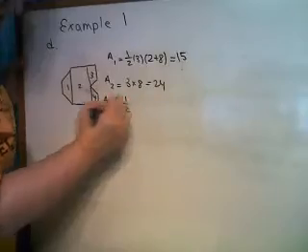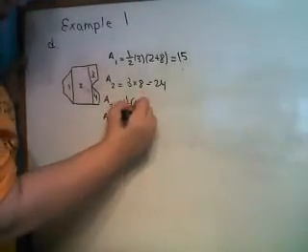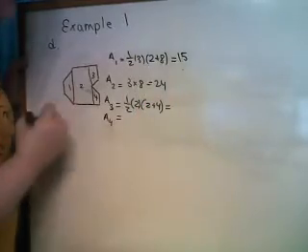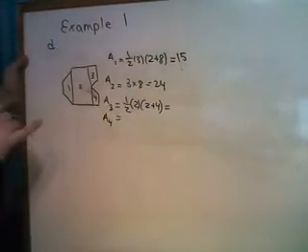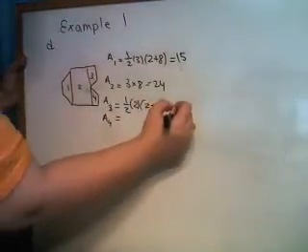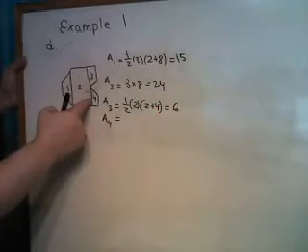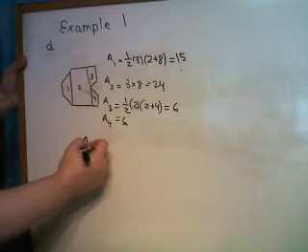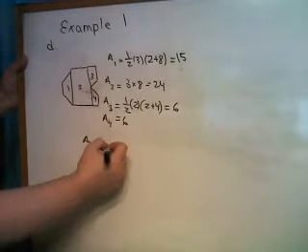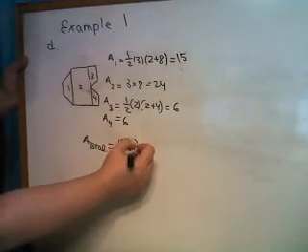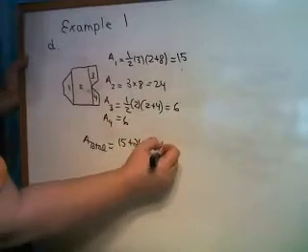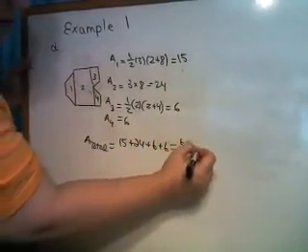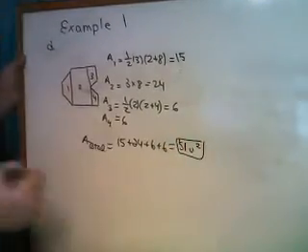So it's 1/2, the height is 2 on this trapezoid, the bases are 2 plus 4. When you add, multiply, you get 6. The area of this is exactly the same as 3, so it's just 6. So now the area of the total is 15 plus 24 plus 6 plus 6, and you get 51 units squared on that.